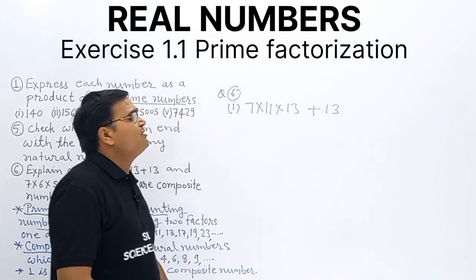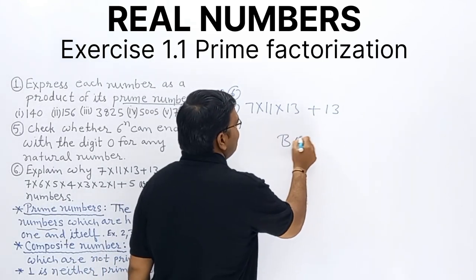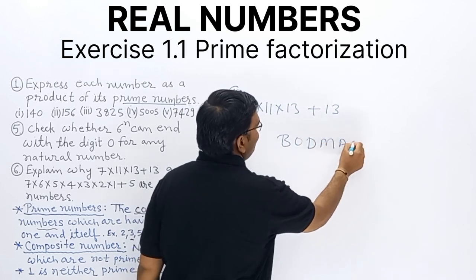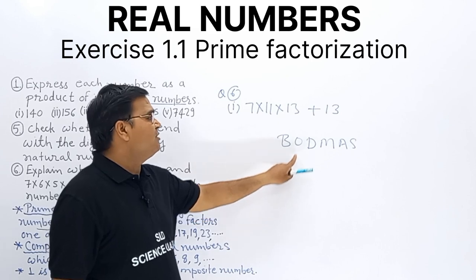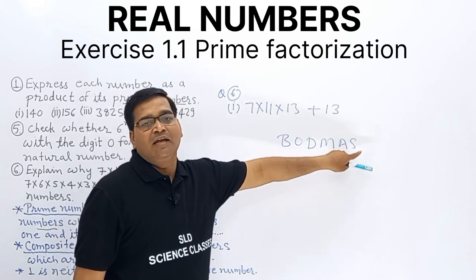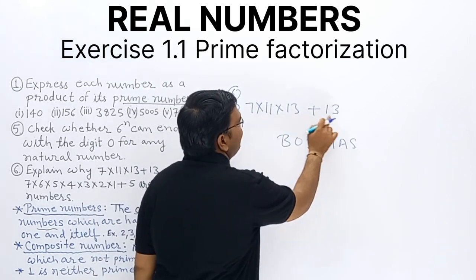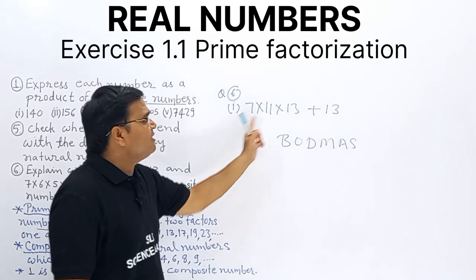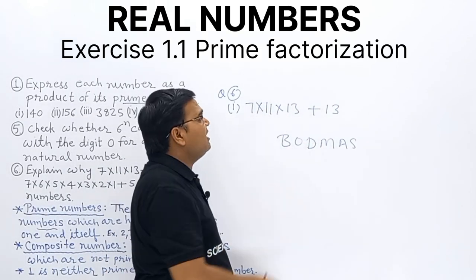But for solving this, first we should know BODMAS. BODMAS says: first we solve the bracket, then of, then division, then multiplication, then addition and then subtraction. So in this question we have product and addition. First we will solve the product, then whatever result we get we will add.